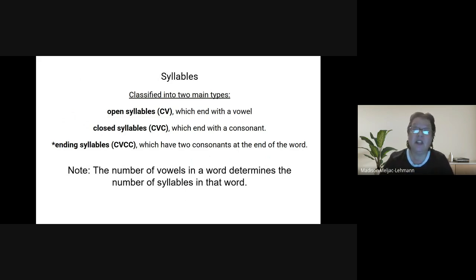And again, as I mentioned a few slides ago, the number of vowels in a word determines the number of syllables. If you have a really long word, you're going to have many syllables or many vowels, because for every, at the most, three letters, you need to have a vowel.